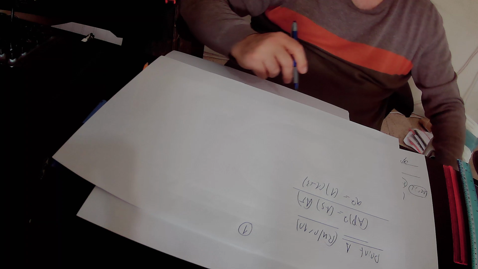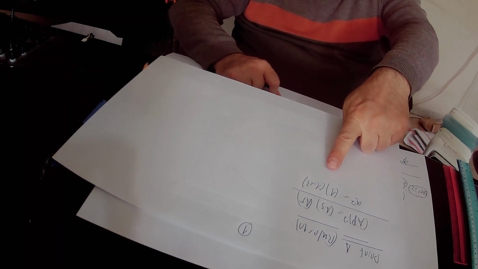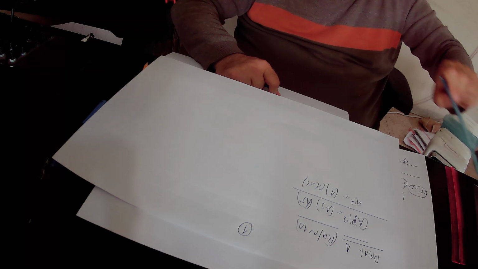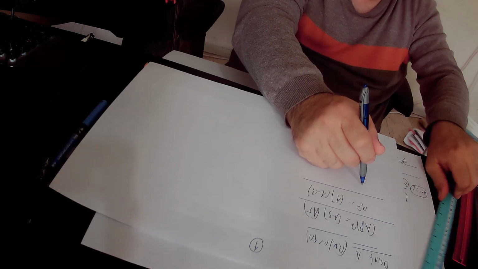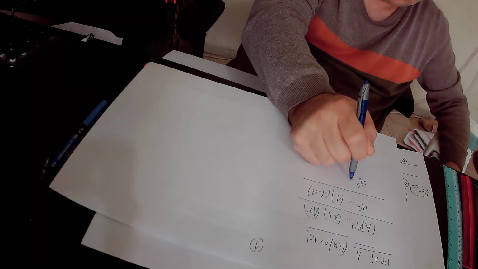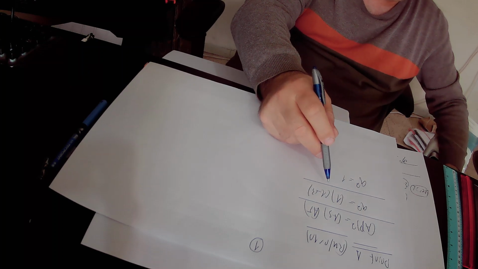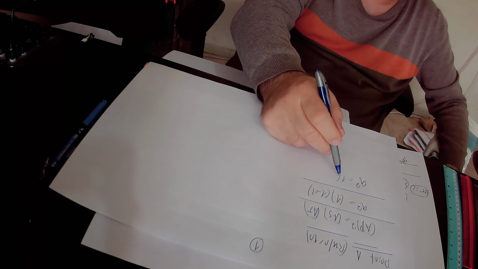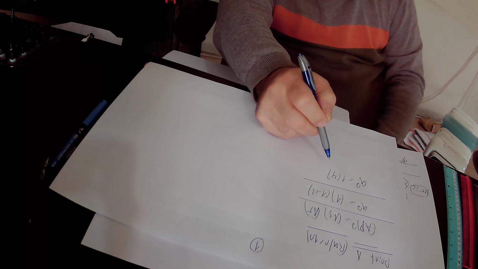In conclusion, we found out that a squared equals 1 times (1 plus 3). 1 plus 3 is 4, and 1 times 4 is 4.